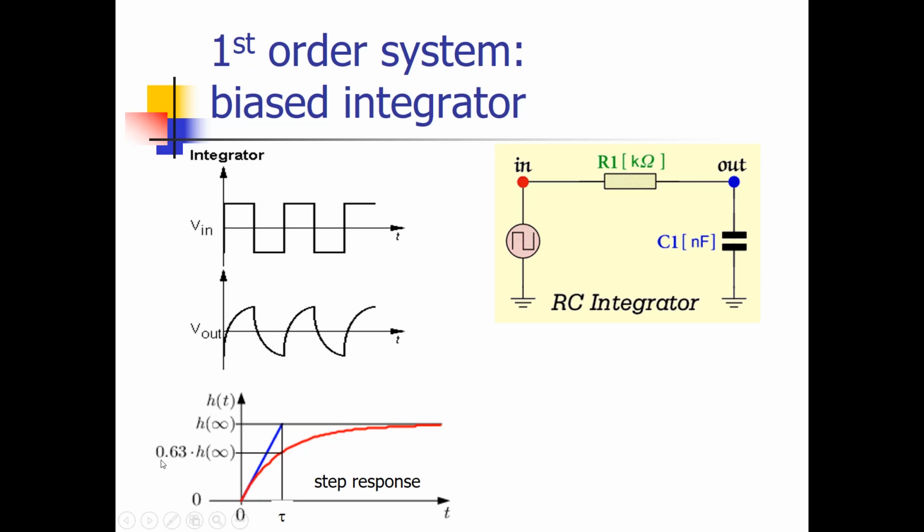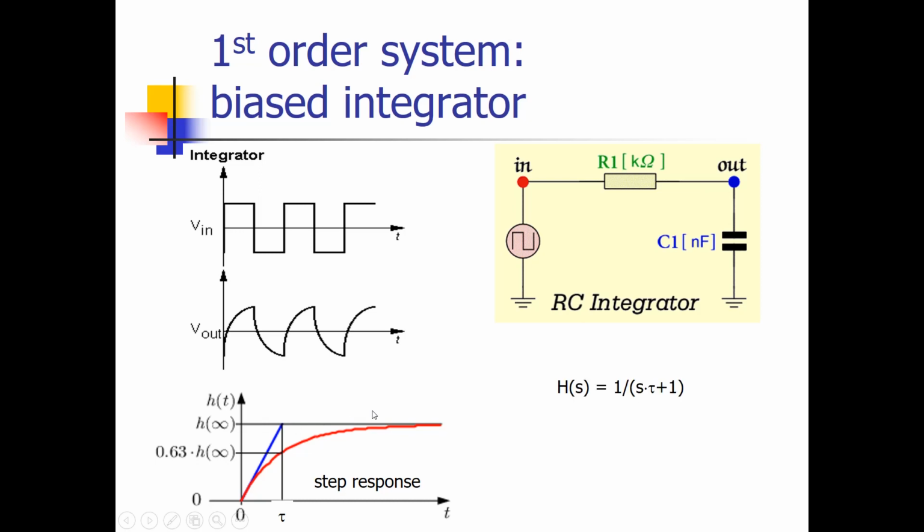Exactly at 63% of the end value, the time with respect to the start of my output signal equals my time constant tau. So in a graphical way, you can always look at the 63 percent point of my output signal, and at that point the time related to the start time of the response equals the time constant. It's only valid when I put a step on the input.